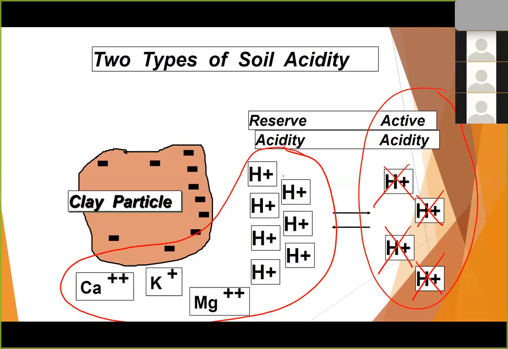So here's a question. What do you think is going to happen if we neutralize every hydrogen ion in soil solution? But you look over here at the soil particle, and this is what's waiting. So here's the reserve acidity, which is on the particle, and the active acidity is what you're neutralizing. What's going to happen if you only neutralize what's in the solution?